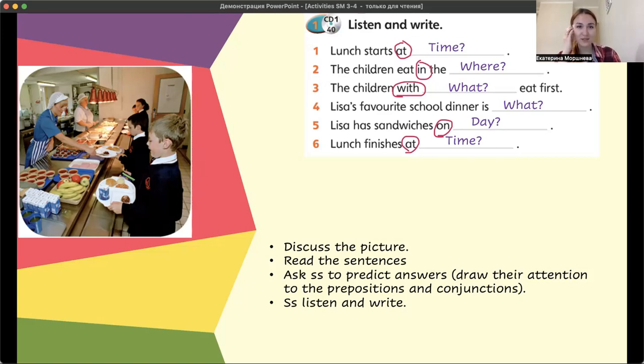They get stuck in these moments, and in such tasks, sometimes I divide the students into different groups, and we can ask one group to write answers to number 1 and 4, for example, another group to number 2 and 5, another group to number 3 and 6. And it gives them a period of time when they can write without hesitation, without trying to be fast and hear and write at the same moment. So they can concentrate.